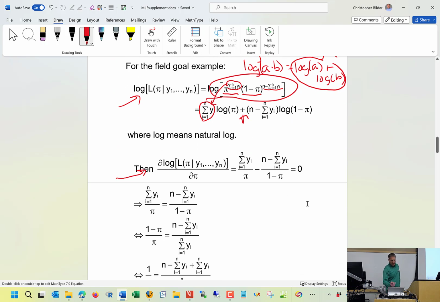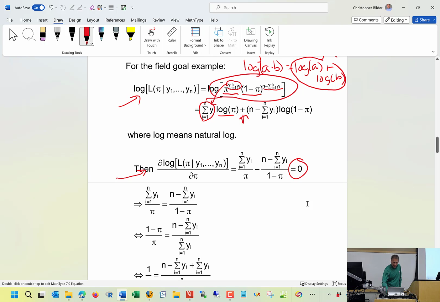So if I wrote it in terms of partial derivative, if I take the derivative with respect to pi, so for example, remember the derivative of log of pi would be 1 over pi. The derivative of log of 1 minus pi would be negative 1 over 1 minus pi, using that chain rule.